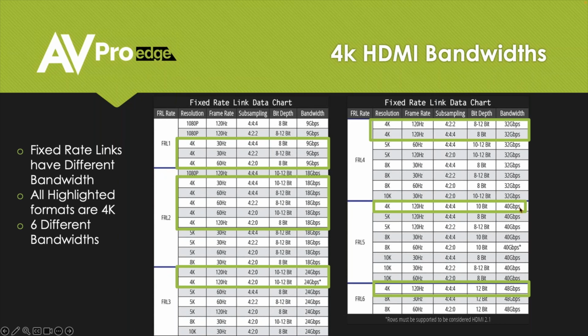If that's the case, just like hooking up a 4K TV on a DA with a 1080p TV, HDMI and the EDID is going to negotiate down to 1080p. So you're going to end up with a softer, fuzzier image on that 4K TV to accommodate getting a picture on the 1080p. The same thing happens here with the different fixed rate links for 4K. So it'll negotiate down to the lowest common denominator.